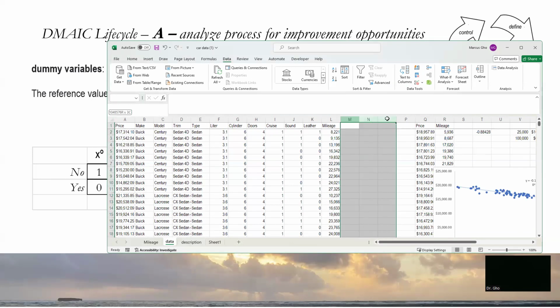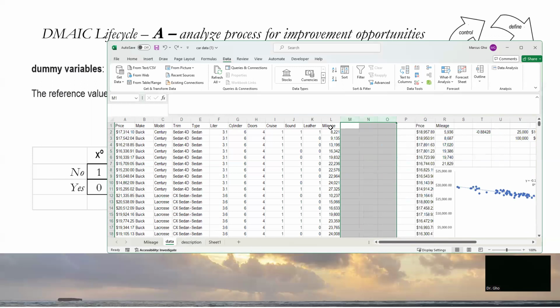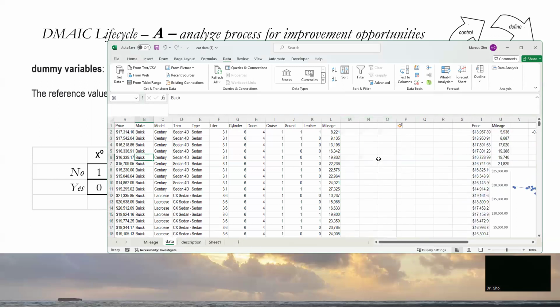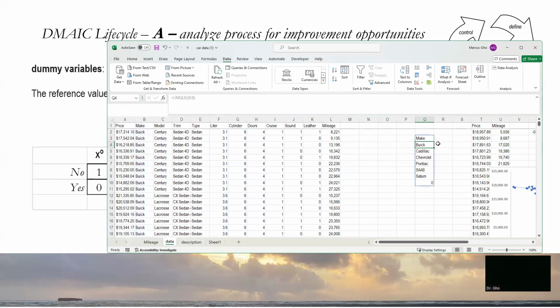I'm going to add some more because we have different makes of cars: the Buick, Cadillac, Chevrolet, Pontiac, Saab, and Saturn. So let's say we do, for example, base Buick.